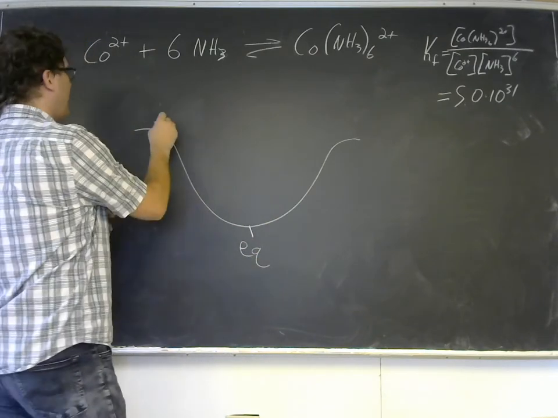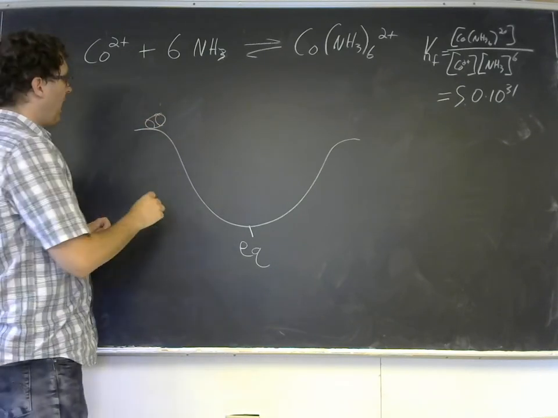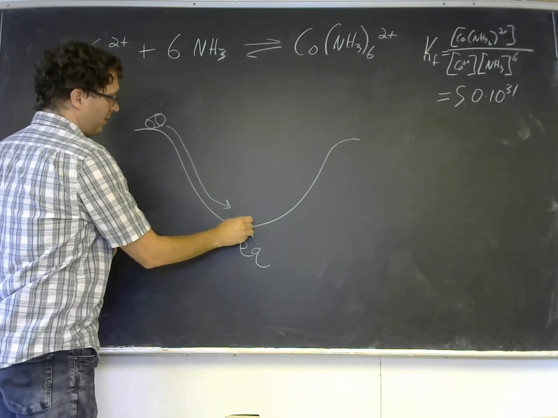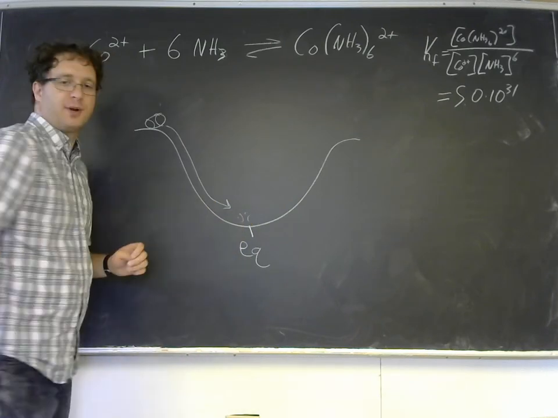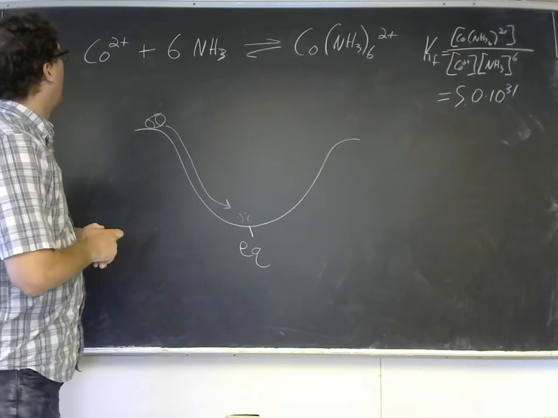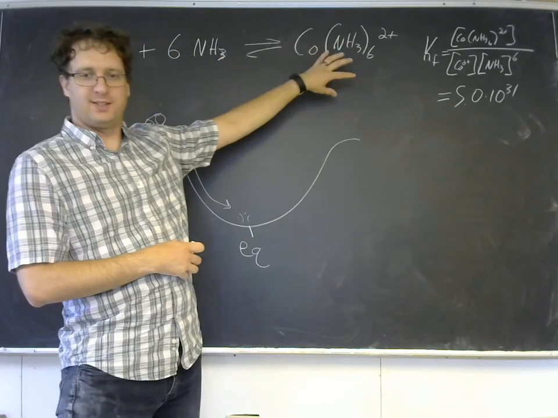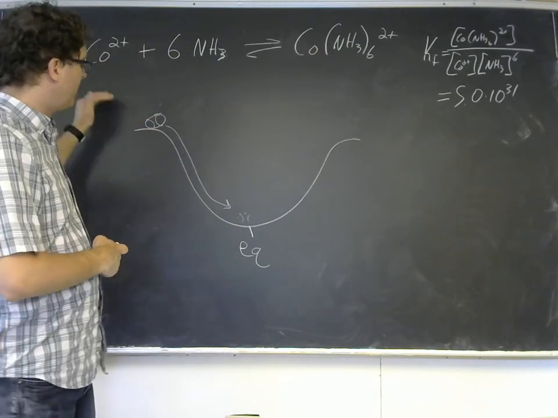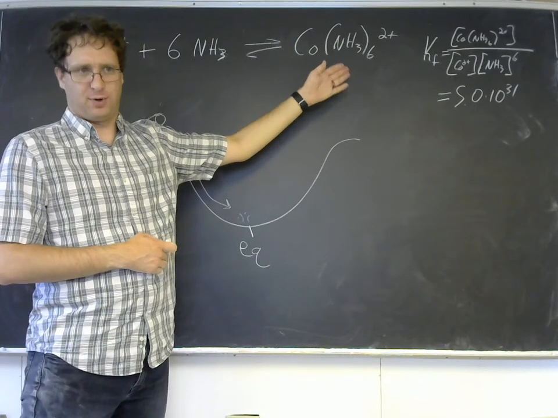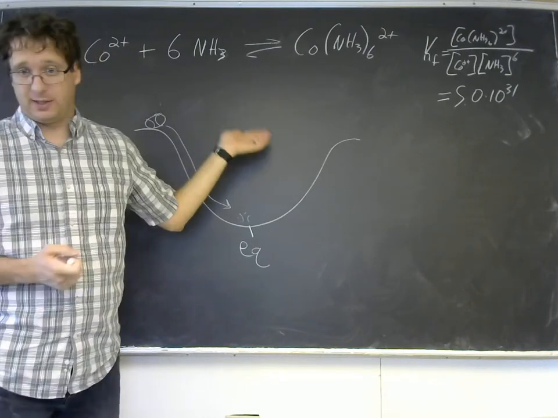And if I have a ball, we'll make it a tennis ball, it will roll down and it will eventually settle here into that equilibrium position. This is a sort of a visual representation of the reaction starting with only cobalt and ammonia and 0 amount of the complex, and rolling toward that equilibrium position means it's reacting forward to produce the appropriate amount of cobalt amine complex to satisfy the equilibrium expression.